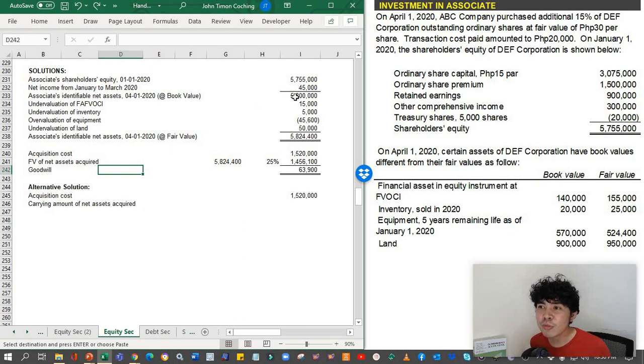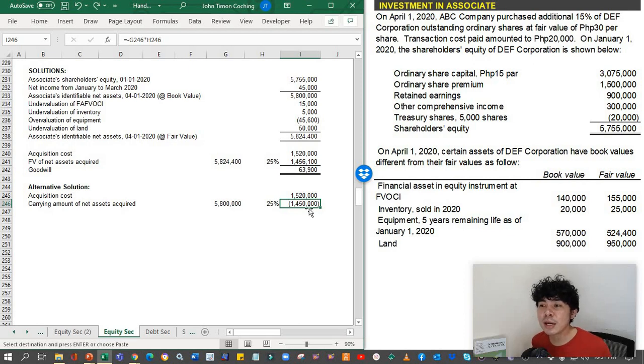Ito yun, yung 5.8 million, which is the identifiable net assets at book value on the date we obtained significant influence. Pero again, itong 5.8 million is 100%. Ang ownership lang natin is only 25%. So, kunin lang natin yung book value ng net assets acquired. Kasi ang in-acquire lang natin is 25%. So, that is 5.8 million times 0.25, that is 1,450,000 pesos.